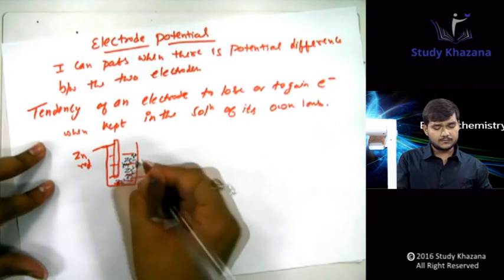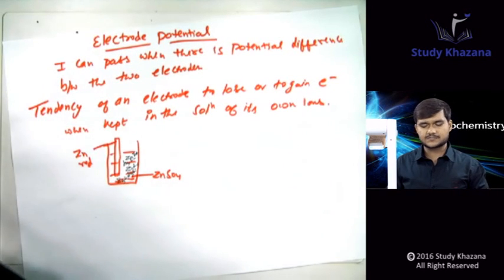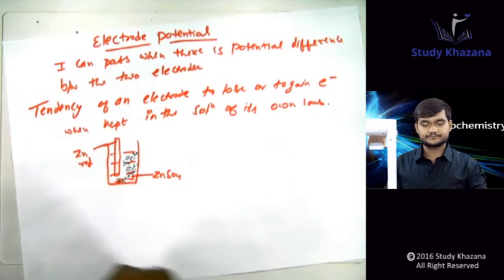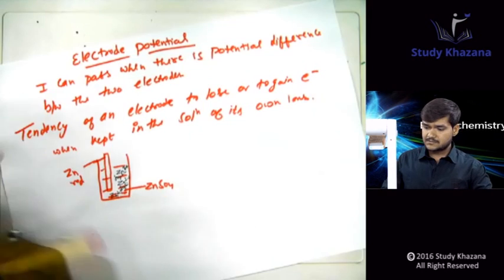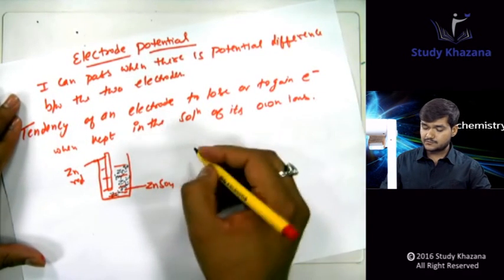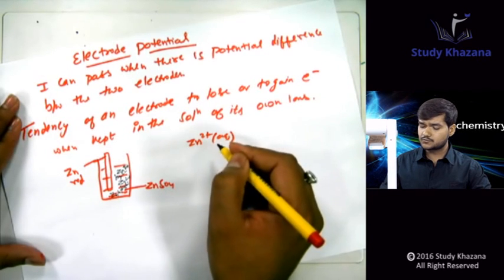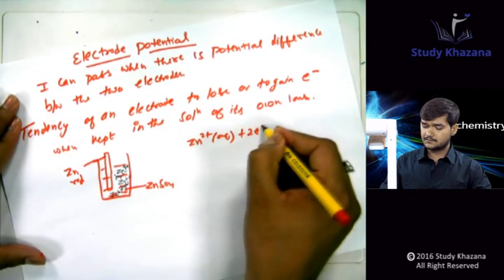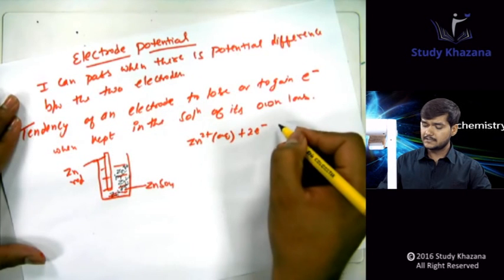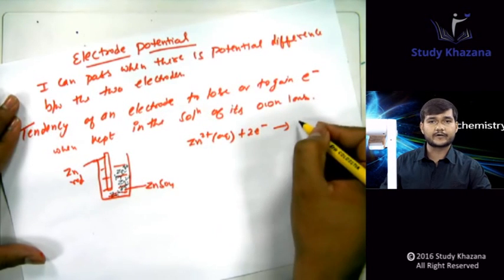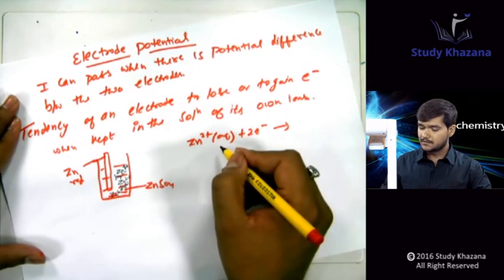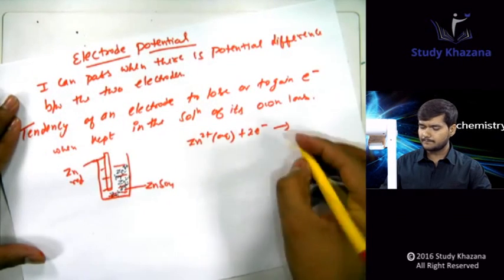So what could be the possibilities of the reactions to occur? One is that the Zn2+ aqueous ions present in the solution will hit the rod and gain 2 electrons from the rod.